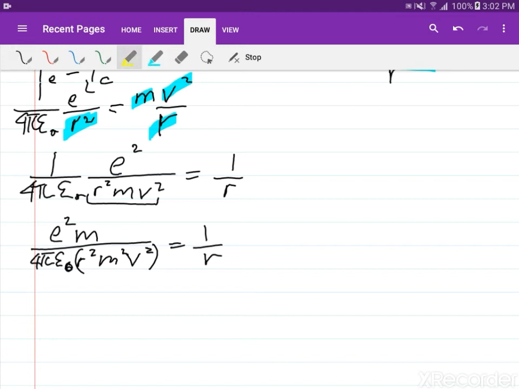So this term becomes n squared h bar squared, equals 1 over r.